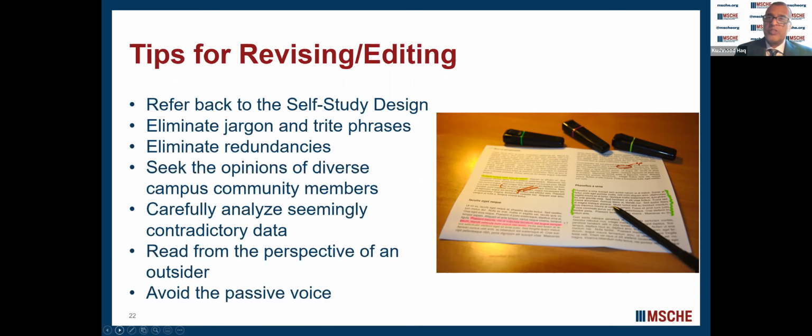Eliminate redundancies, which could be really problematic when you have 5 or 6 different reports and they're investigating oftentimes similar things. So smoothing that over and eliminating redundancies is really, really important. And then seeking opinions of diverse campus community members to make your document even stronger, and reading the perspective of an outsider.